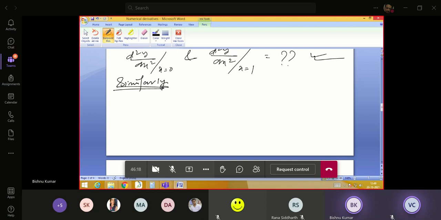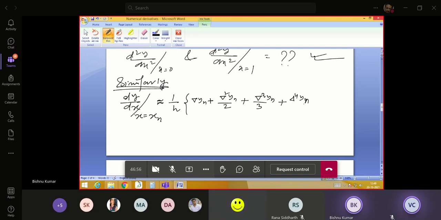In Newton backward interpolation, your difference operator is the grad. If I calculate the derivative at x equals xn, the last point, your formula will be, obviously these are approximate: starting value grad yn, here all terms are positive, plus grad square yn by 2 plus grad cube yn by 3 plus grad 4 yn by 4.